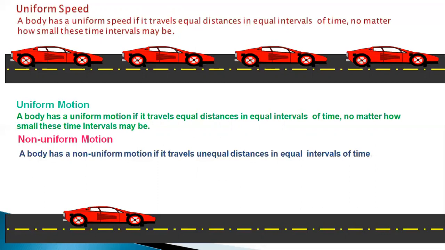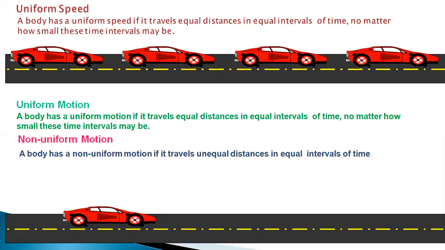See here, a body is said to have uniform speed only when it covers equal distances in equal intervals of time. It means in the first hour, if the body is covering 30 kilometer, in the next hour the body also covers 30 kilometer, and in the next hour also the body covers 30 kilometer per hour.